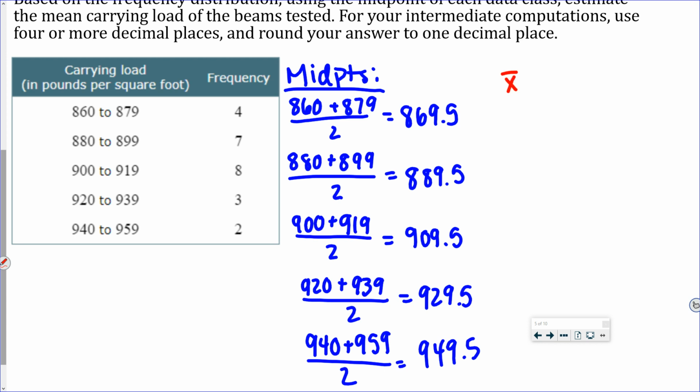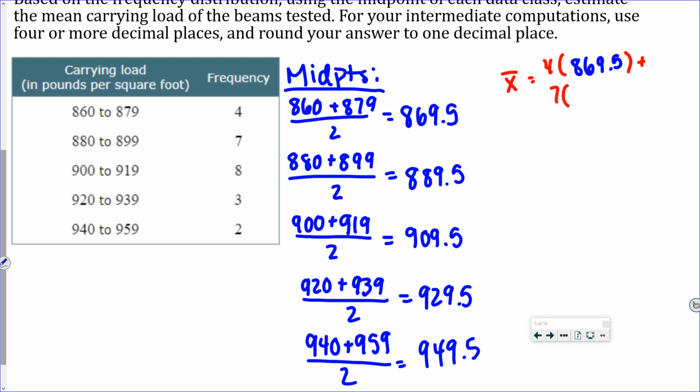You're going to take the midpoint times how many times it occurred, add that all up, divided by our total sample size, which we'll have to sum up that frequency table to figure out. So in this first row, I have 4 in my sample with the midpoint of 869.5, plus, add up my next one, I had 7.